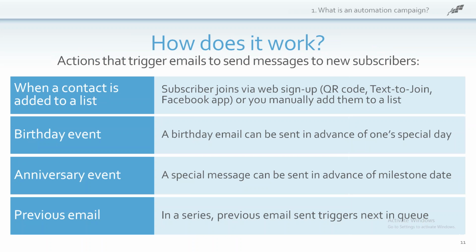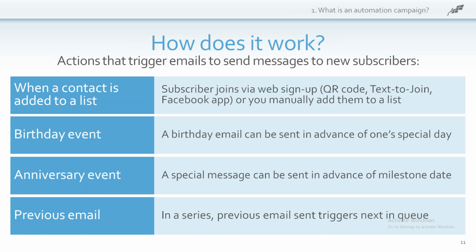So an autoresponder can be sent by email to subscribers after you've added them to a list. Here's a breakdown. When they're added to the list, a subscriber joins and then they get information. If it's a birthday, it can automatically send out for you.